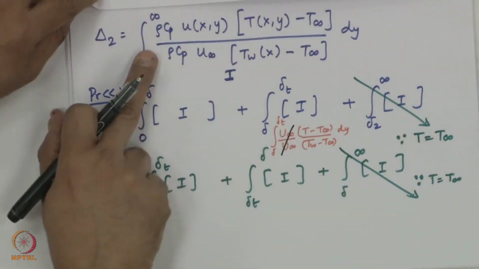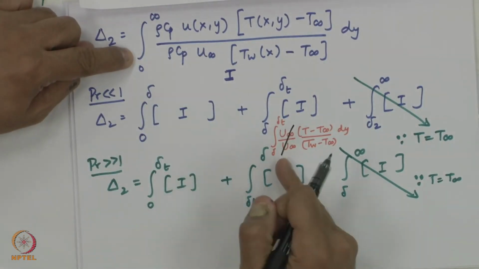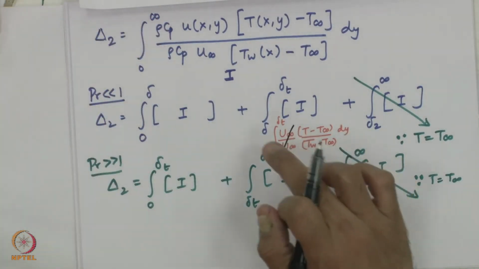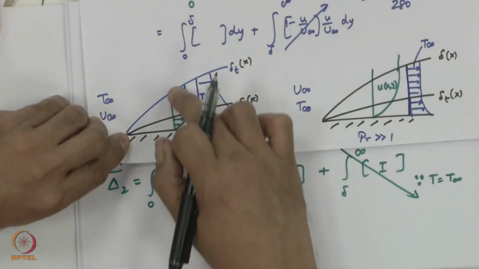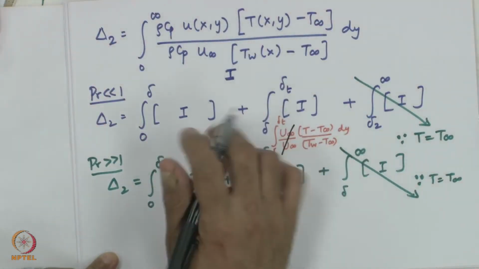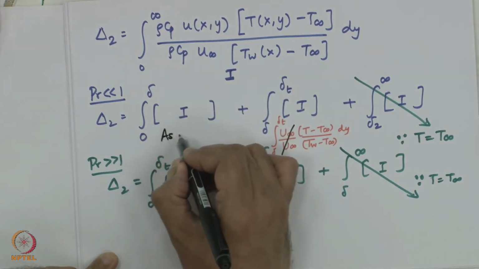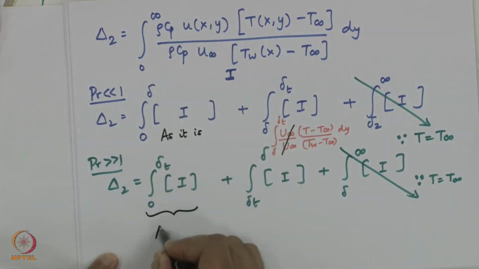Please go back here. This one. I have just put this in red. U by u infinity, because beyond delta velocity is u infinity. Beyond delta velocity is u infinity, so it becomes nice. This would be as it is. Here also this is going to be as it is.